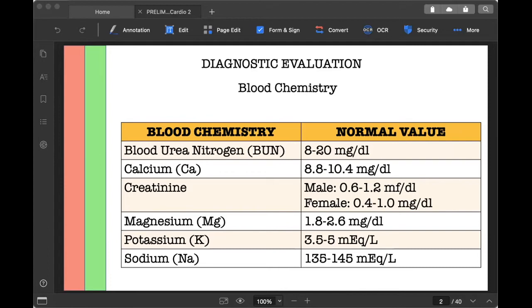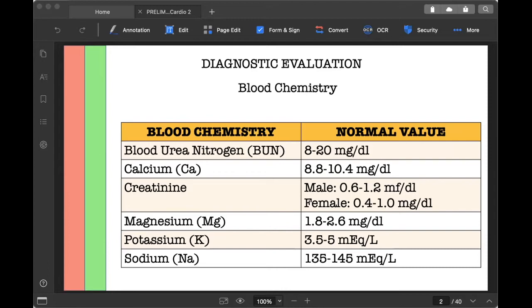How about your creatinine? Let's just skip it; we just had a preview of this one. Your magnesium is very good for the absorption of calcium, and it is also needed for muscular contraction. We also have two disorders here: hypomagnesemia and hypermagnesemia. If the patient experiences hypomagnesemia, this predisposes to atrial or ventricular tachycardia.